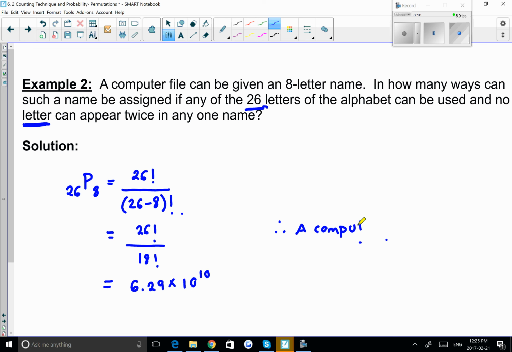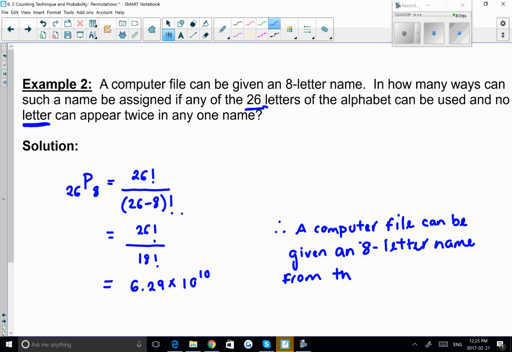So a computer file can be given an 8-letter name from the 26 letters of the alphabet in 6.29 times 10 to the 10 ways.